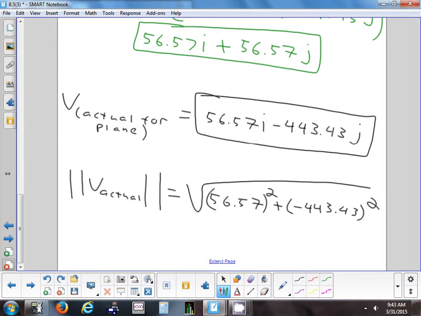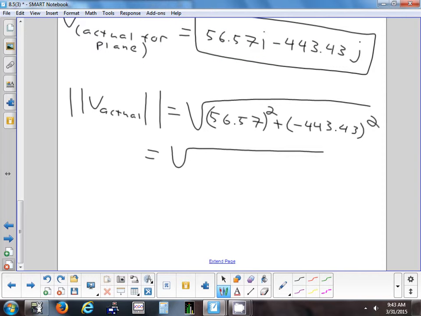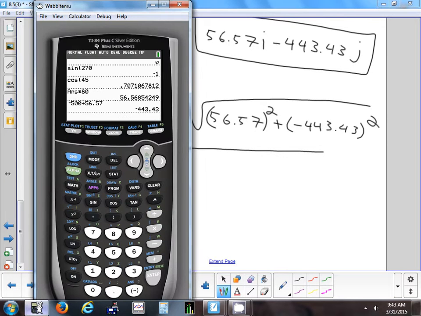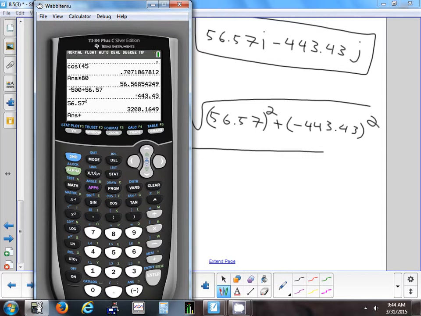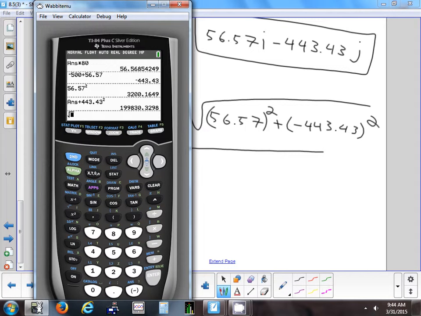squared. Any question on setting that up? And this will tell us how fast the plane is really going. So again, it's not going to be going quite as fast as they thought, because the wind is going to slow it down a little bit. So 56.57 squared plus 443.43 squared, and take the square root of that answer.